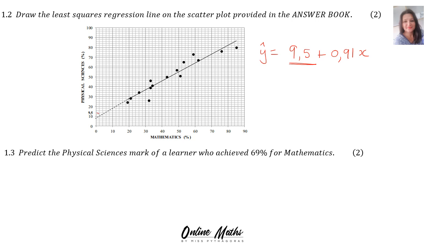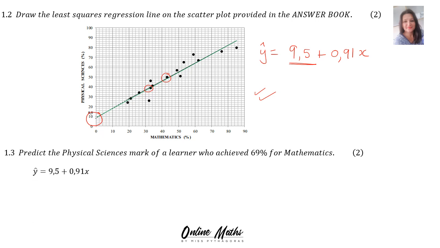And can you see there my graph, my line starts there at 9.5 and then there it is in green, and then you must just make sure that your line crosses at least 2 points and then 2 marks coming your way.